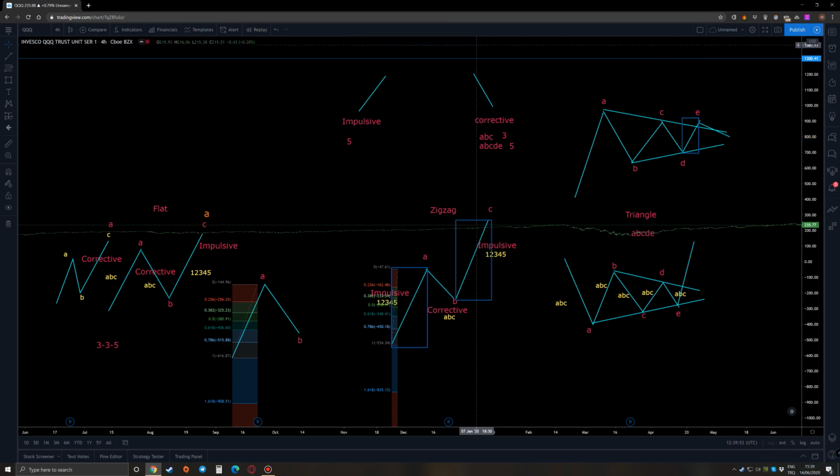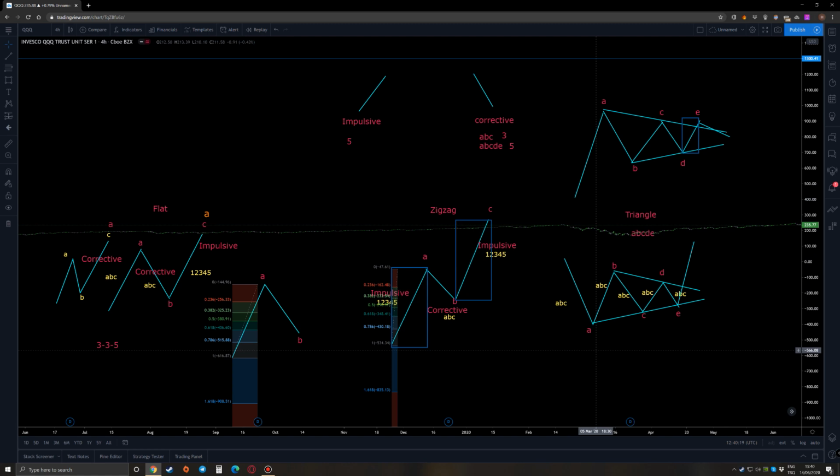And the biggest mistake I see people make about triangles is thinking that all triangles should be textbook perfect, like this. Now, these triangles are ugly. Trust me, if you watch my other videos, you will see that triangles are very ugly. And this triangle is called a horizontal contracting triangle. Why?